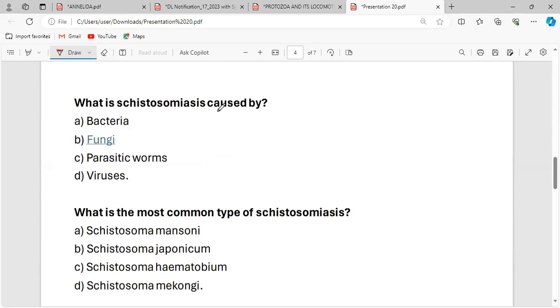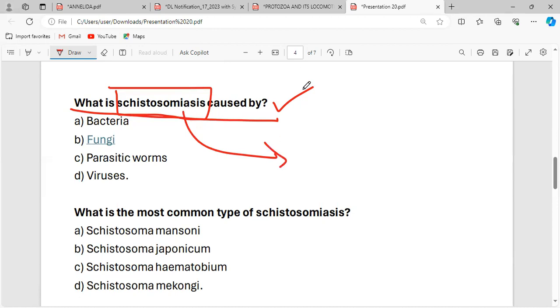Now, schistosomiasis is caused by what? You have to know this for any of the diseases. Just take a note of it, please. Take this as schistosomiasis.